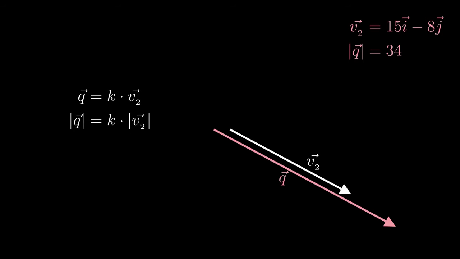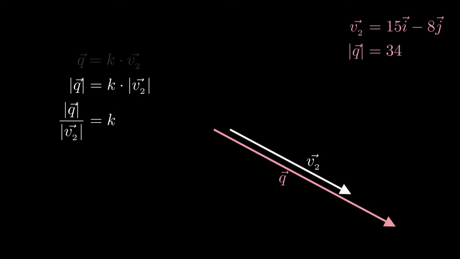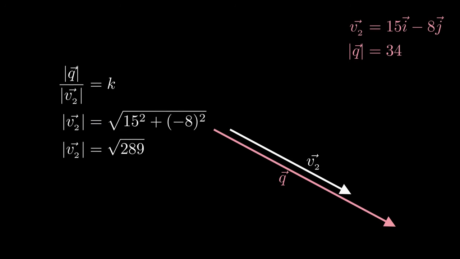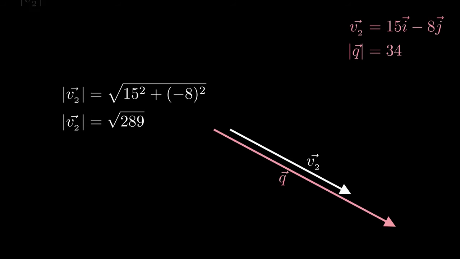Okay, we can actually set up a little equation here for k. So k is equal to the magnitude of q divided by the magnitude of v2. We have the magnitude of q, which is 34. And so we need the magnitude of v2. We use Pythagoras. And we get the square root of 289. Maybe you know that one. What is it? 17.